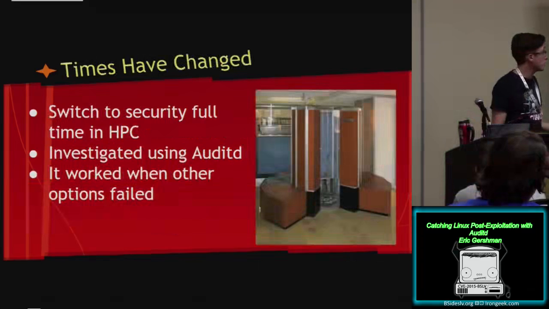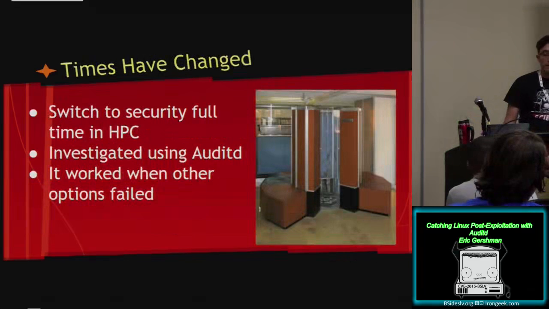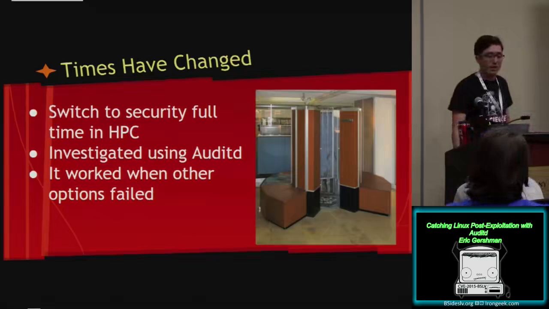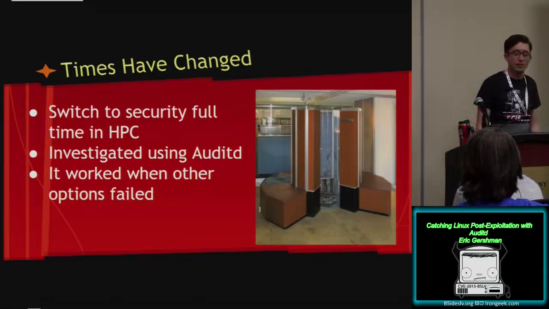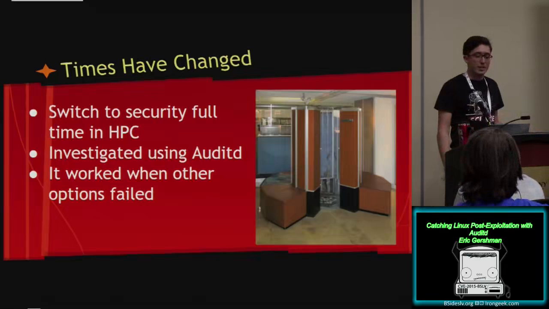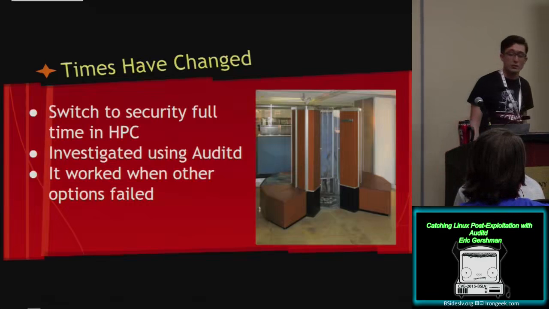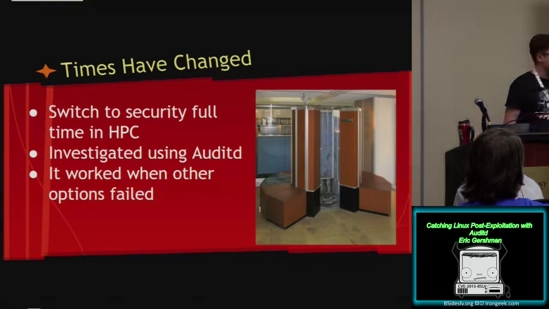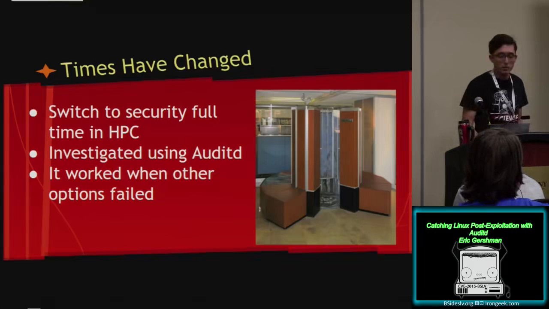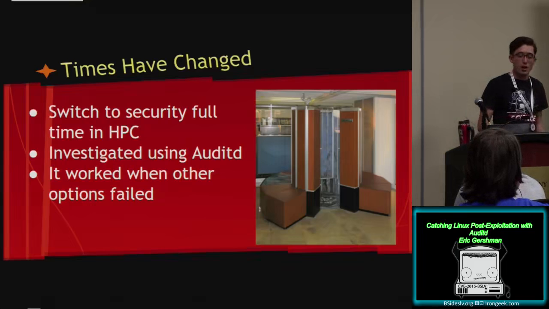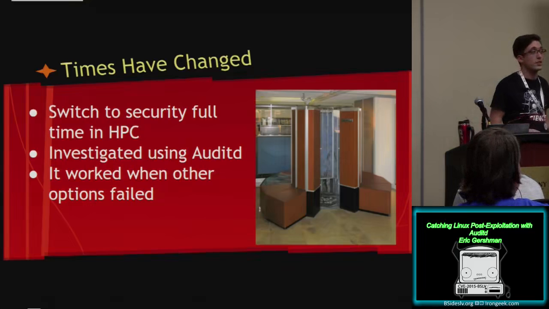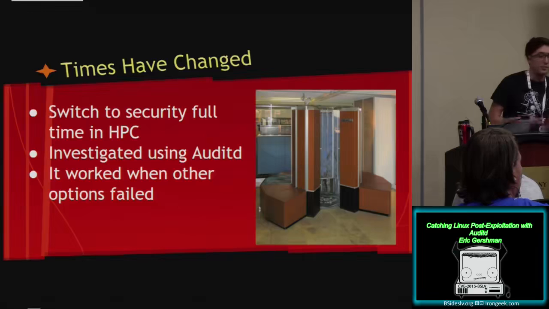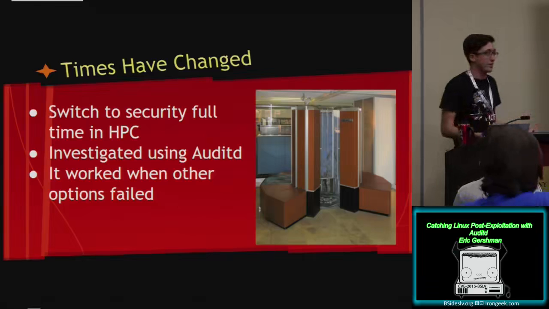So a few years ago, I switched to doing information security full-time, and I've been working in high-performance computing. Recently, we investigated malicious behavior that appeared to be coming from local hosts, but we needed to find the source. We suspected SSH tunneling, and we had a couple of options. One option was to turn on SSH debugging, but this could reduce performance and impact syslog.